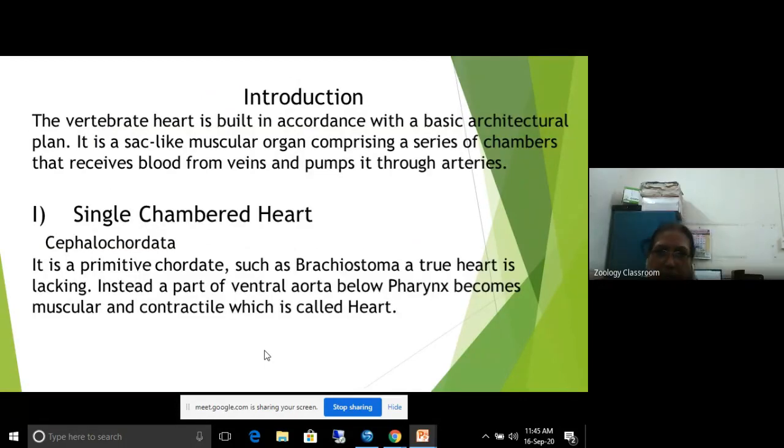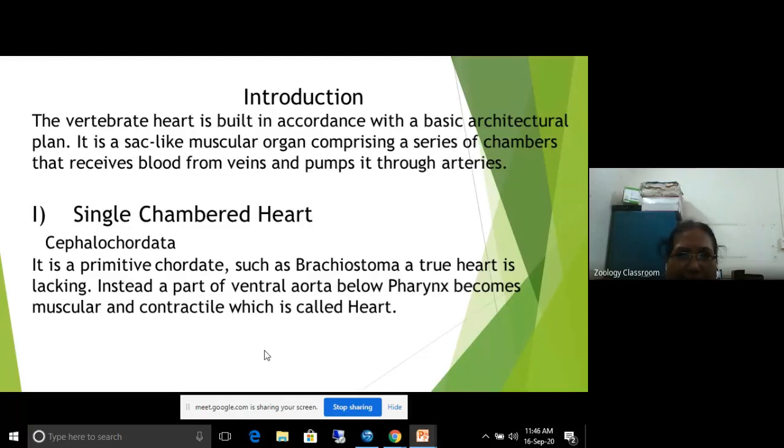An introduction. In vertebrates, the heart is built in accordance with the basic architectural plan. It is a sac-like muscular organ comprising a series of chambers that receives blood from veins and pumps it through the arteries.